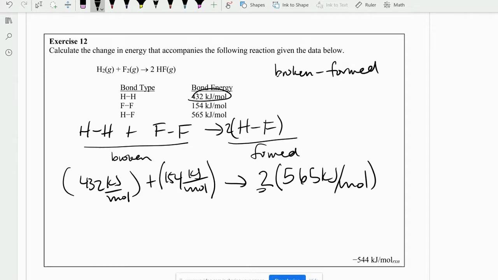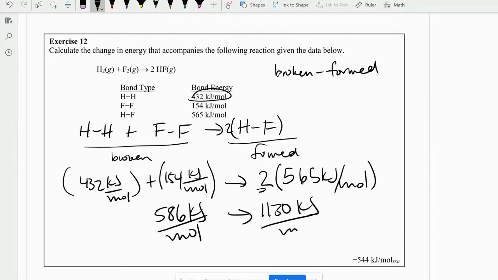Now, when I do my calculations on this, I see that I get 586 kilojoules per mole on my reactant side. I can go ahead and replace that arrow with a minus. Okay, and so what I get here on my left side is a total of 586 kilojoules per mole. And on my product side, 2 times 565 is 1130 kilojoules per mole.